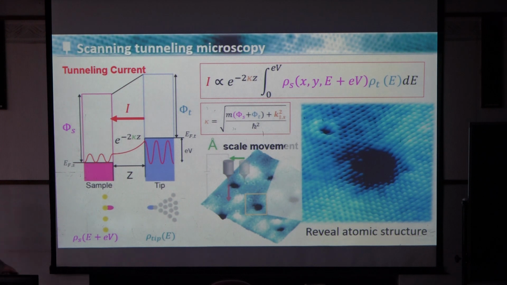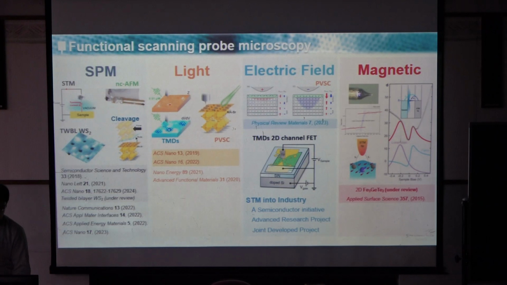We can reveal the atomic structure, and we can also reveal the electronic property involving momentum information. These two advantages allow us to directly reveal the sample information, and it is easier to discuss interesting properties of the material.